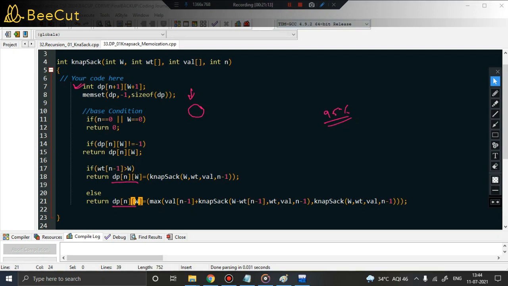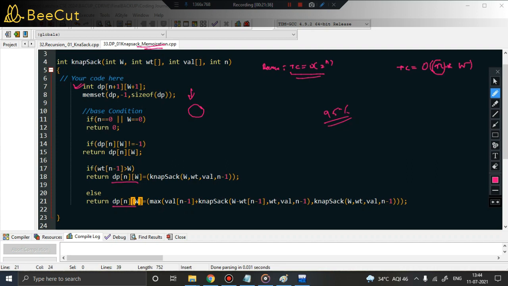And if you consider the time complexity of this approach, remember in recursion what was the time complexity? In the recursive approach the time complexity was order of 2 power n. But here in this memoization technique the time complexity drastically reduces to order of the size of the matrix, n cross w. N plus 1 cross w plus 1, but you can ignore the constants.